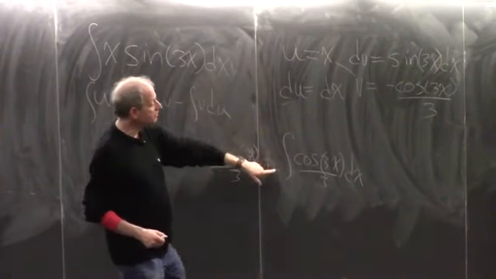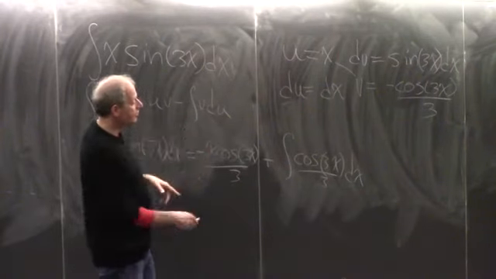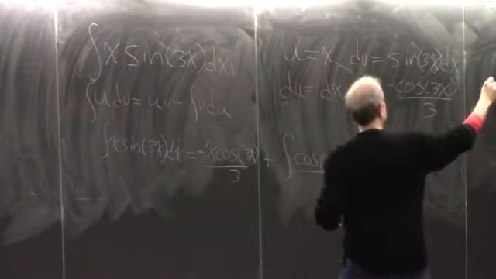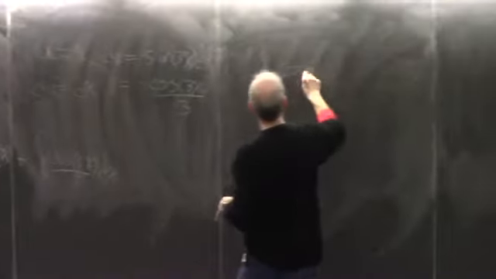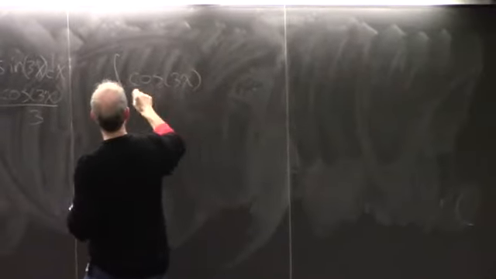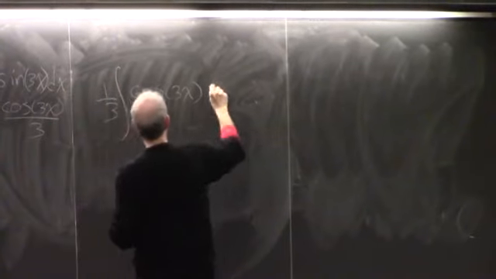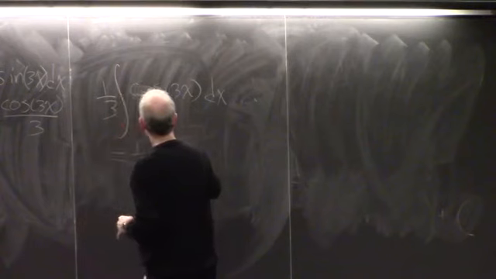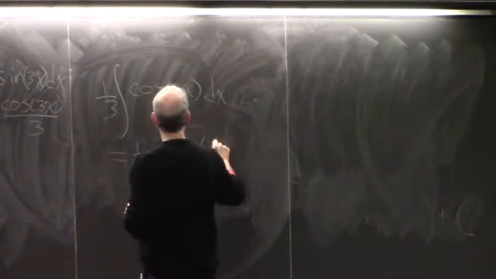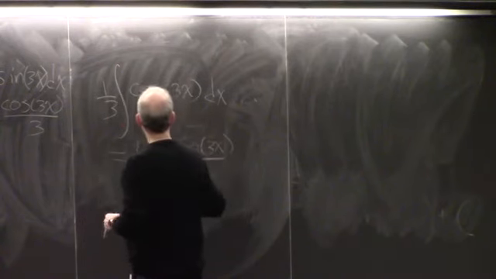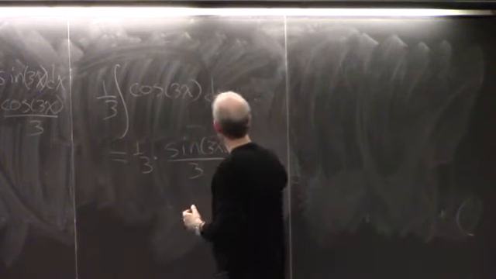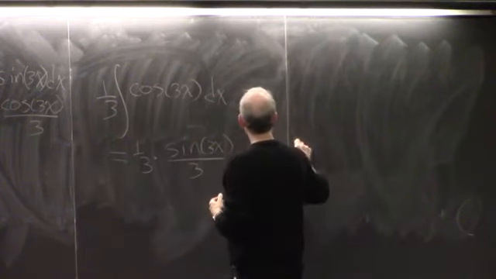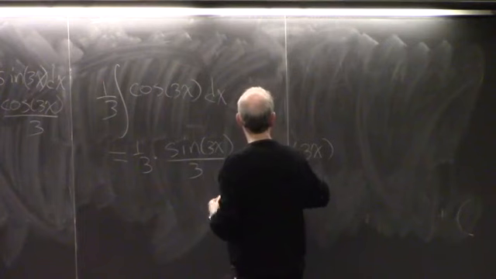Now we just have to integrate this. The integral of cosine 3x over 3 is just 1/3 the integral of cosine 3x. So that's 1/3 times sine 3x over 3, also known as sine of 3x over 9.